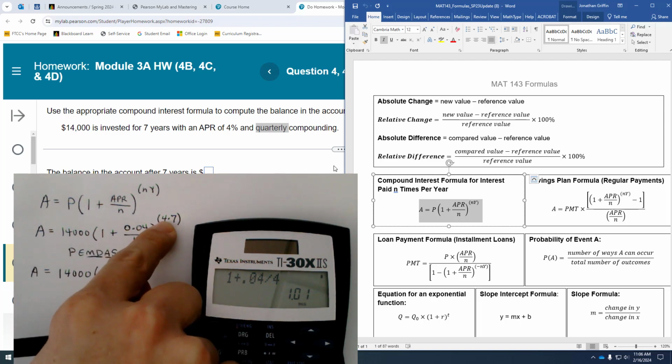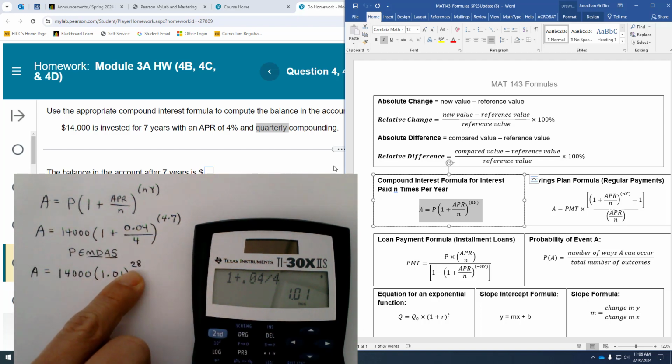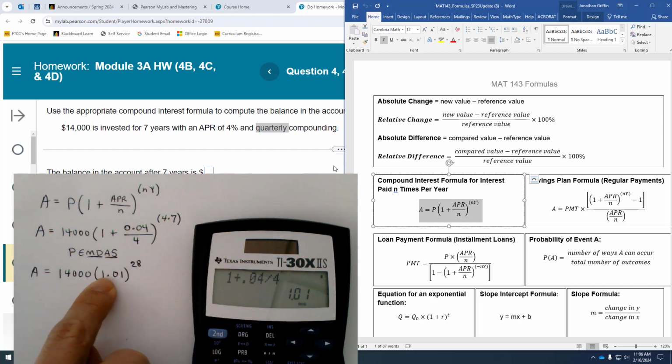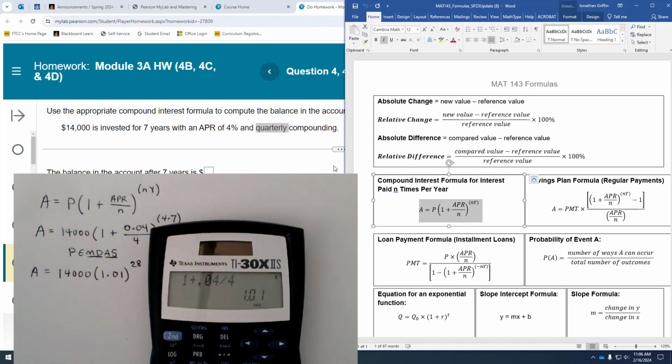So I'm allowed to take that 4 times 7 and just go ahead and say that that's 28. 28 is the exponent of this 1.01, the same as 4 times 7 is the exponent of that 1.01. So I'm allowed to do that, and that'll make it a little better for me. So if I take that 1.01 and I raise it to the 28th power, I'm going to get this.